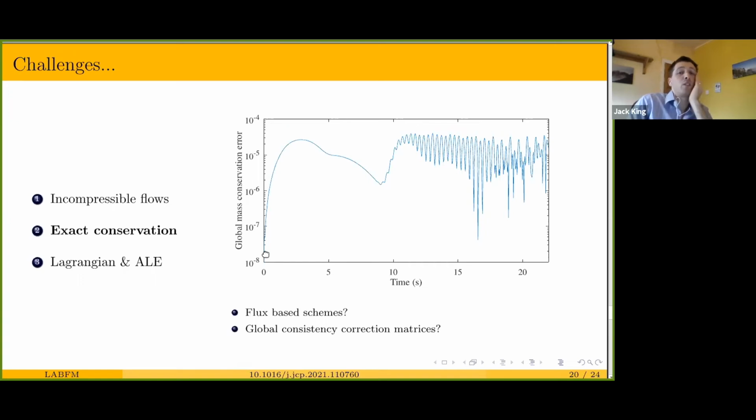I'm not sure how it's going to be done, but I think this is another challenge for these high order mesh-free methods: exact conservation is going to be one of the next desirable properties that we have to try and rebuild into them.